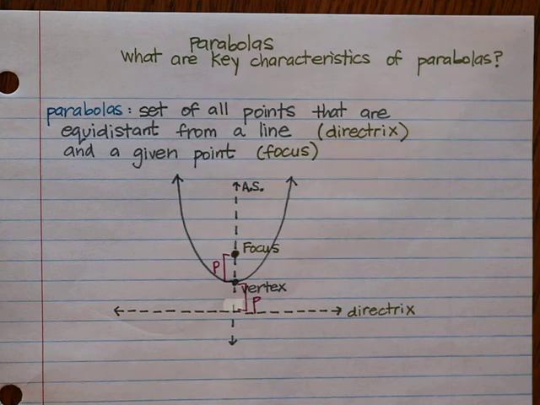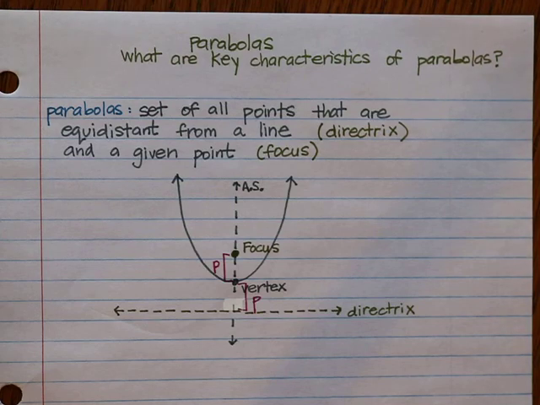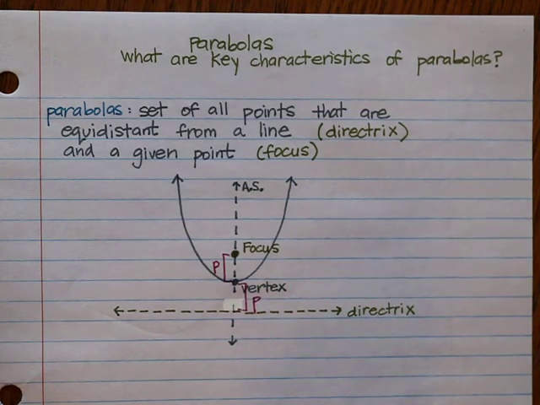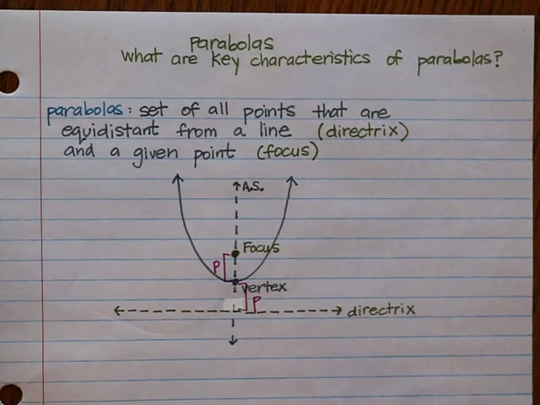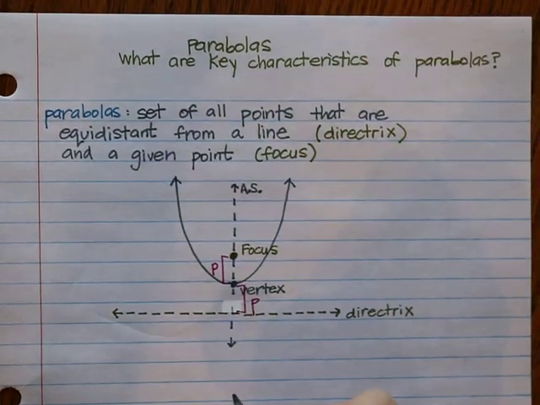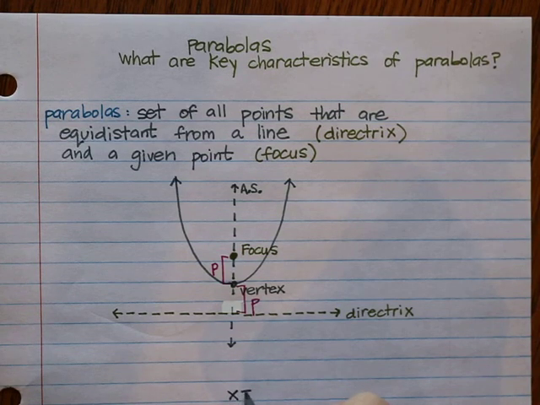So we're going to take a quick look at some information about parabolas. I'm going to give you two equations, and I'll explain the difference in a second. But let's get those written, then we're going to talk about a bunch of characteristics for these parabolas. So here we go. The first is x equals 4p.